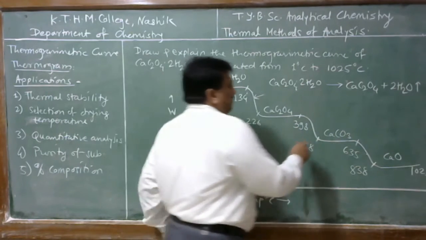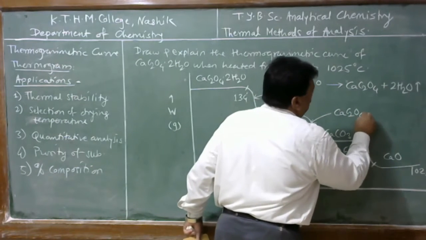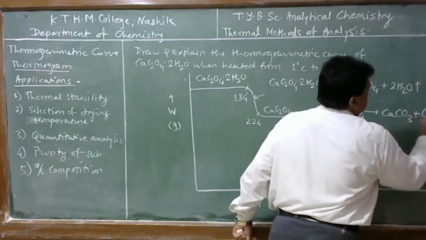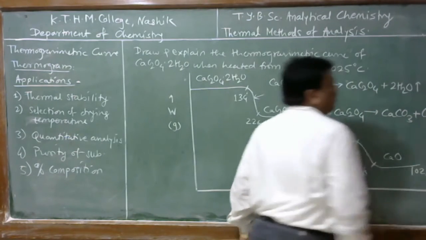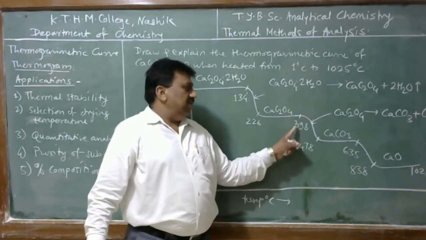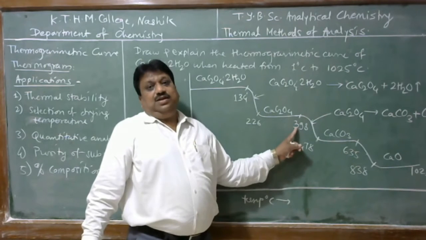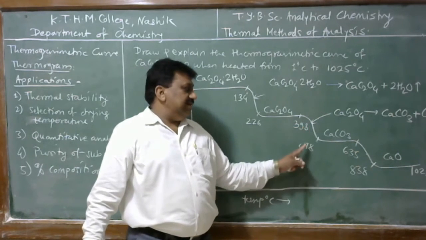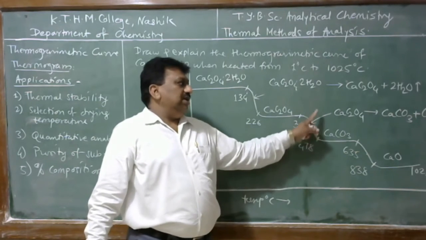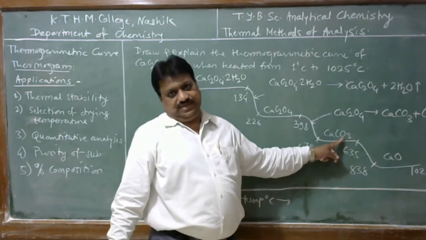After that temperature, this calcium oxalate CaC2O4 gets converted to CaCO3 plus CO. There is loss of carbon monoxide, and here it is lost when temperature is about 400 degrees centigrade. At temperature greater than 398 degrees centigrade up to 478, the total calcium oxalate anhydrous is converted into calcium carbonate.